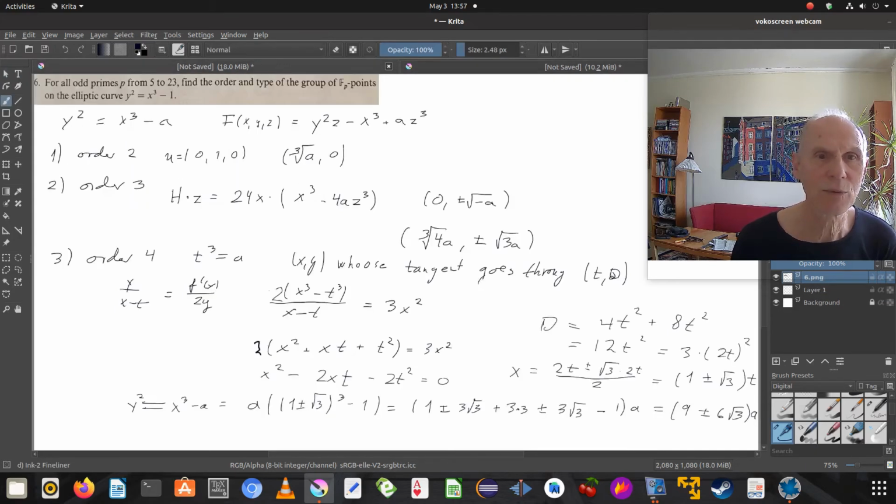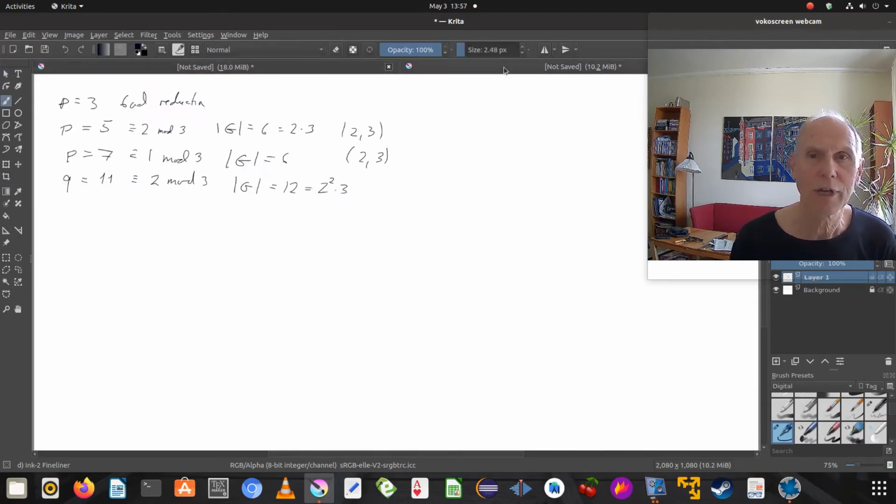It looks like a cubic root here to me, and that should be only 1. So there should be only 1 element of exact order 2. I claim therefore that the type is 2 squared 0.3, so we have 2 points of order 4.